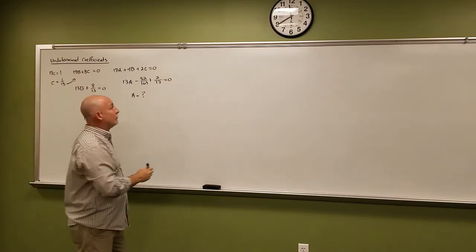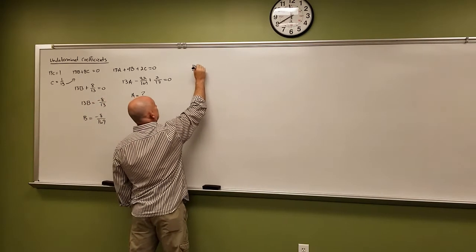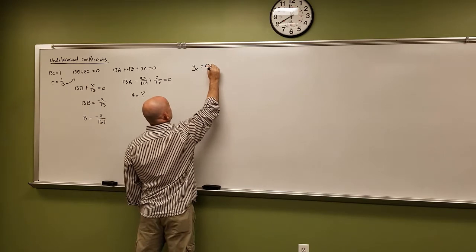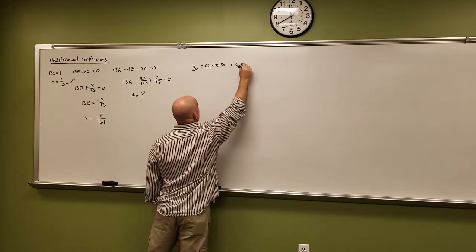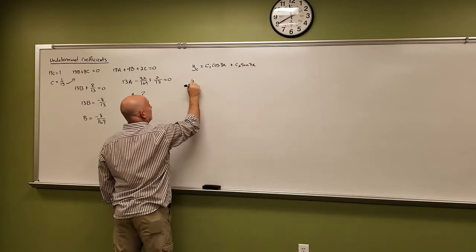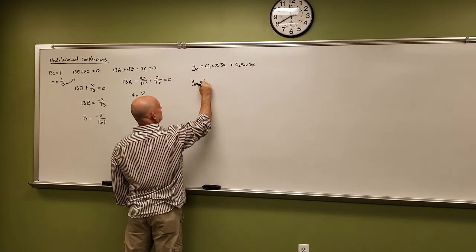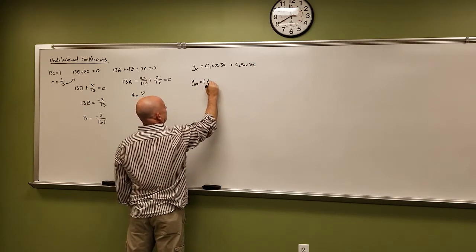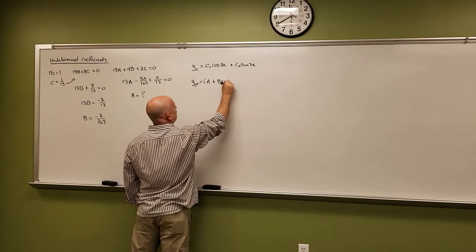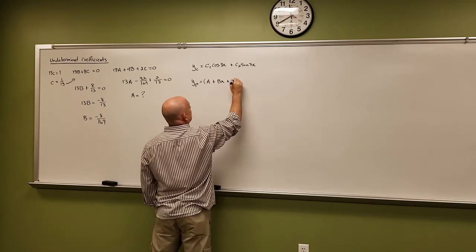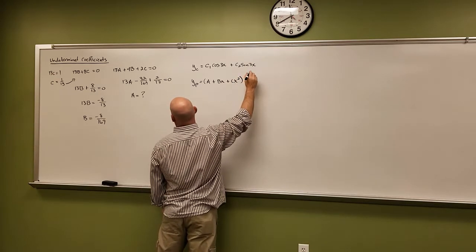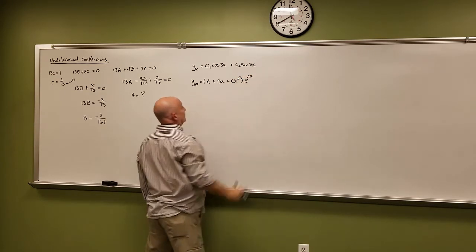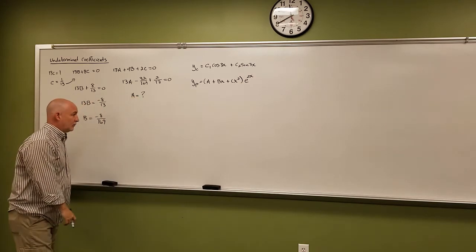So what do we have so far? We have our complementary solution, which was C1 cosine 3x plus C2 sine 3x. And our guess for our particular solution was a plus bx plus c x squared e to the, I'm going to say 2x. Guessing because I don't remember what I wrote.